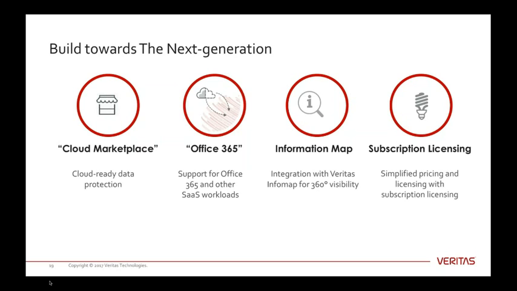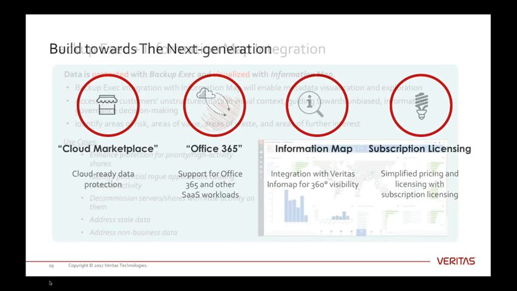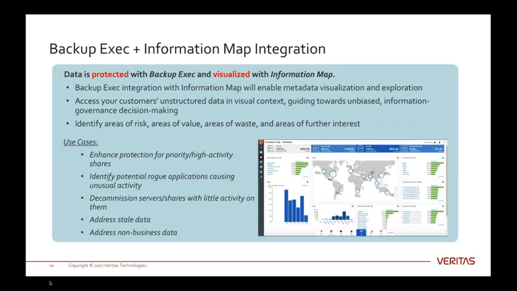So Information Map. What is Information Map? Information Map is a product that Veritas released probably about 2 years ago. It is a separate product, so I'm talking about a separate product here. And what it is, it's a tool to help you visualize the information in the Backup Exec catalog. If you think about any backup catalog, it's very, very feature rich.